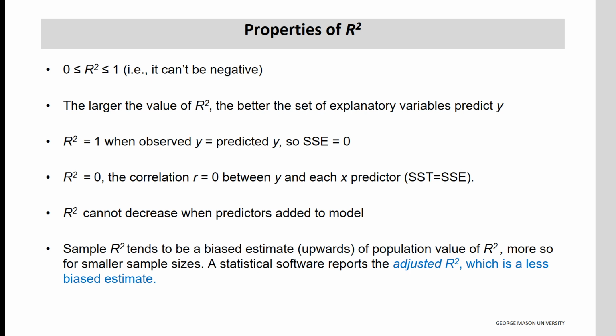And so in multiple linear regression, we like to use the adjusted R squared instead of just the R squared, simply because of this upwards bias.